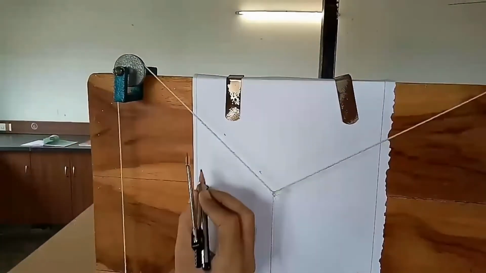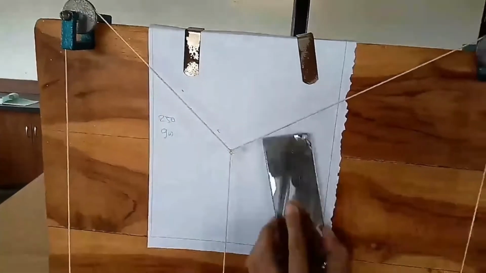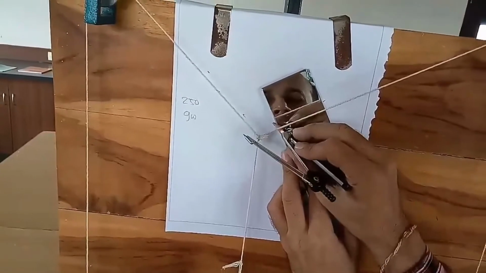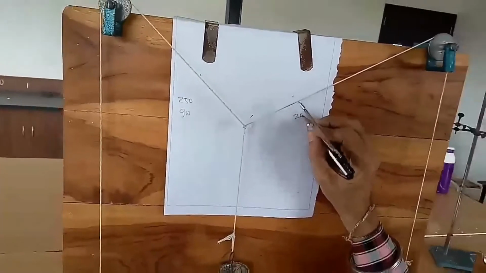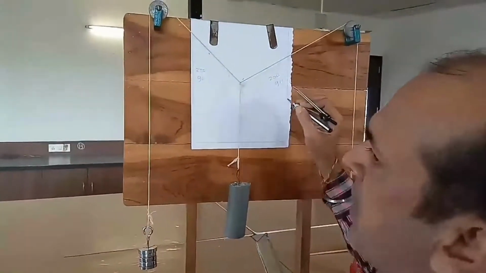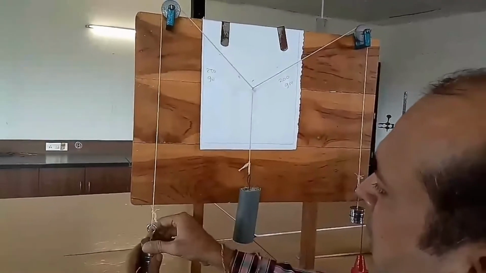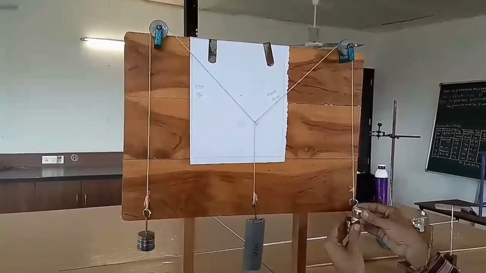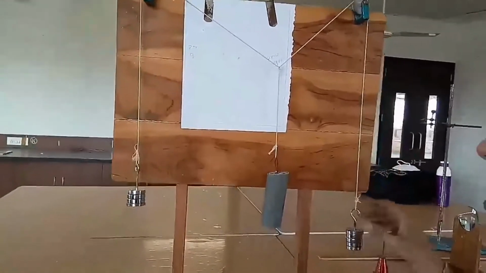Now down here it is 250 gram weight, and here it is 200 gram weight. Now change the weight from here and arrange here. Now this hanger contains the 200 gram weight. This hanger will contain 250 gram weight.